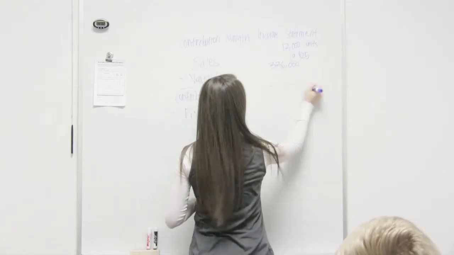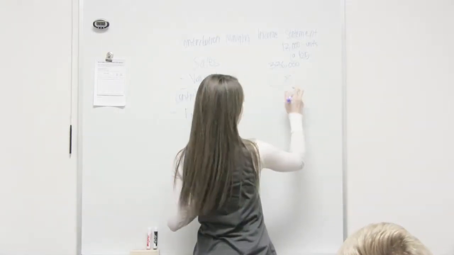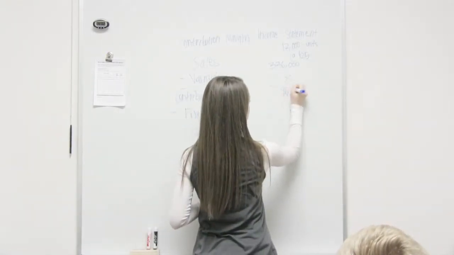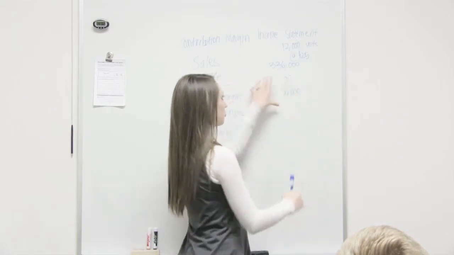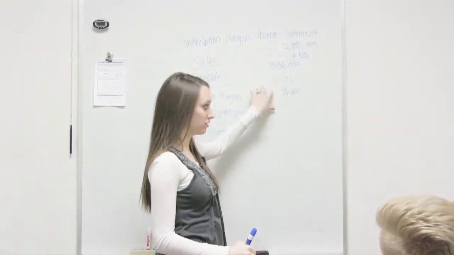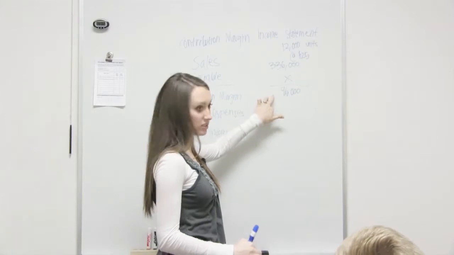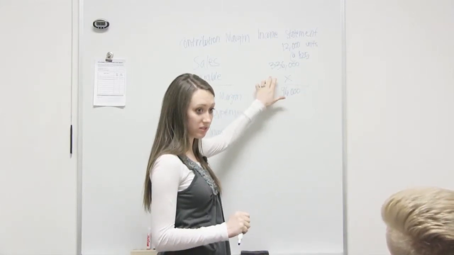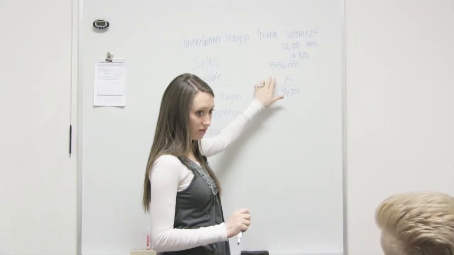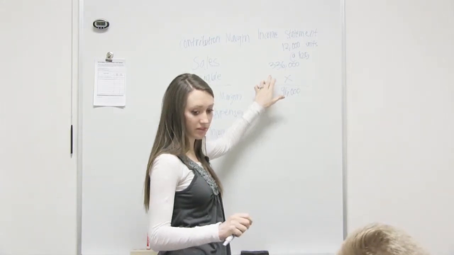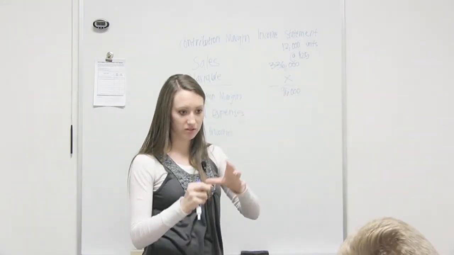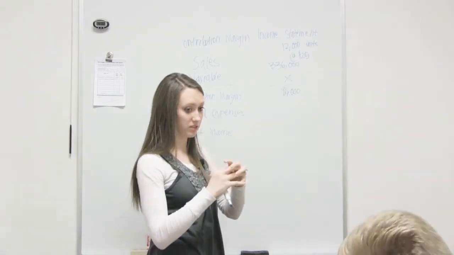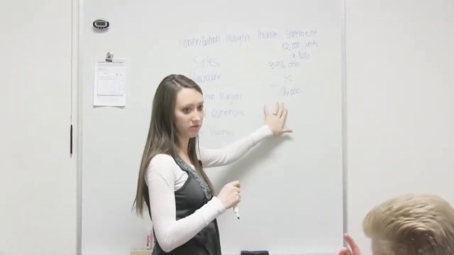Okay, so if we don't know this, that's X. Contribution margin we have is 96,000. So we can find this number by subtracting, do 336 minus the 96, and that will give you your variable expenses. Oh, yeah, okay, I see what you're doing. And then, because you have the total of the 300,000, which is all your expenses, part of that is gonna be variable, and part of that will be fixed.